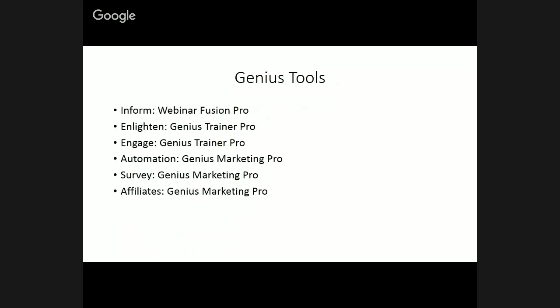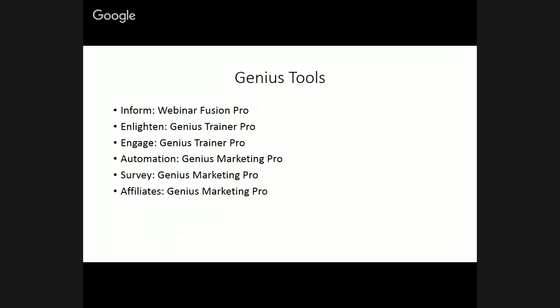Now, we made Genius Trainer Pro for a totally different reason, because I know you say, well, I don't really need to be trained, I can train people on the webinar. Yes and no. On a webinar right now, I cannot make resources available to you, right? But on Genius Trainer Pro, not only can I teach you by video or audio, I can also make the resources available to you.